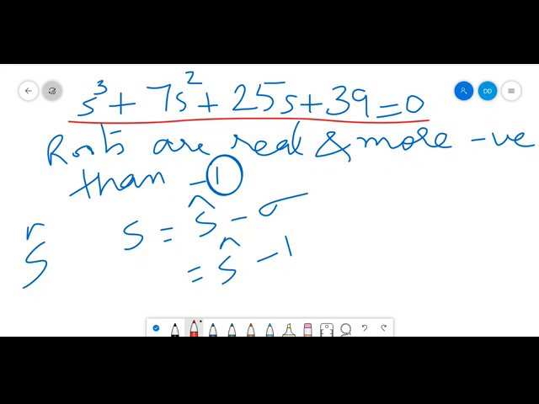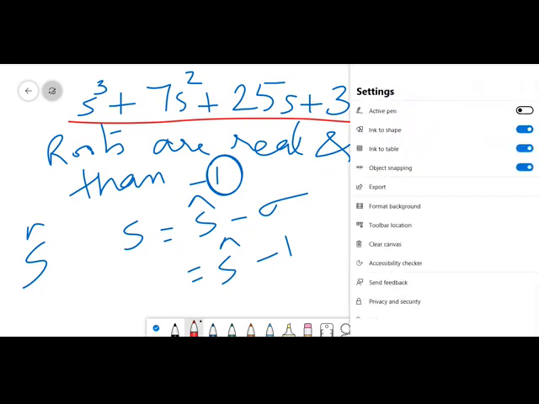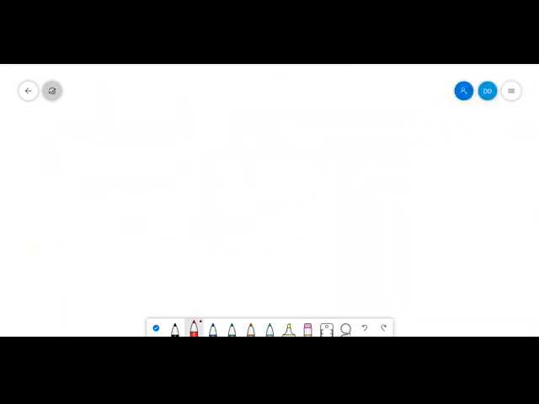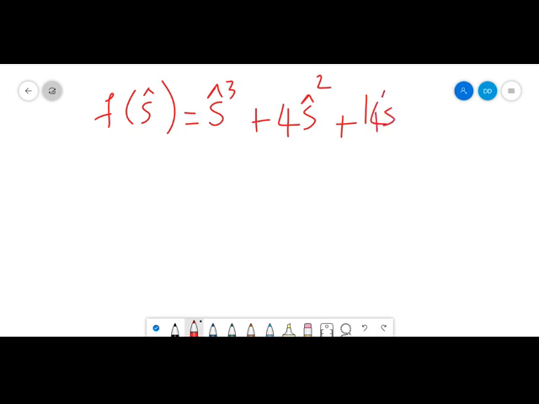For which we get f of S cap is equal to S cap cube plus 4S cap square plus 14S cap plus 20. This is what we get. Next, we have to construct the array for S cap.